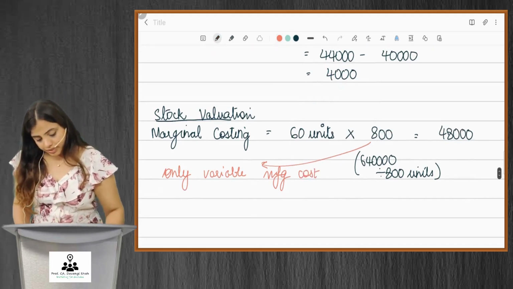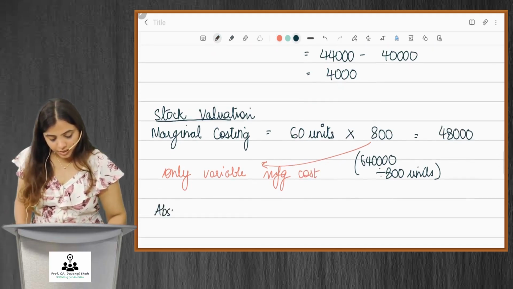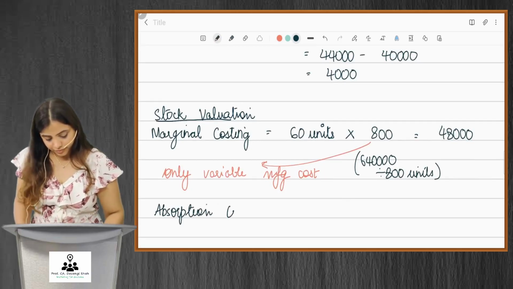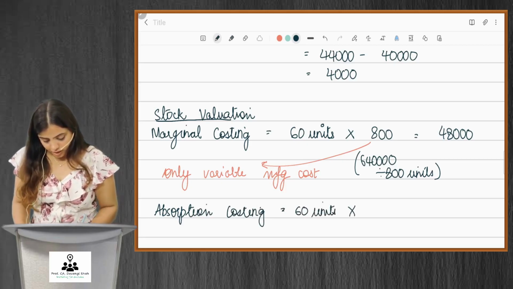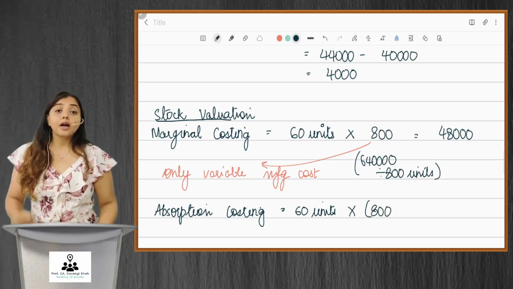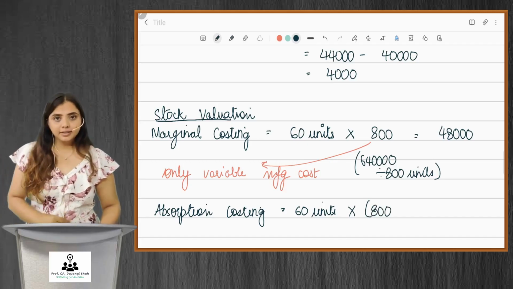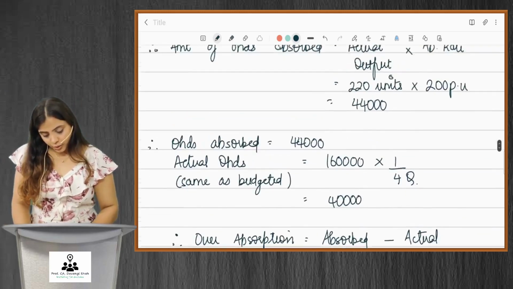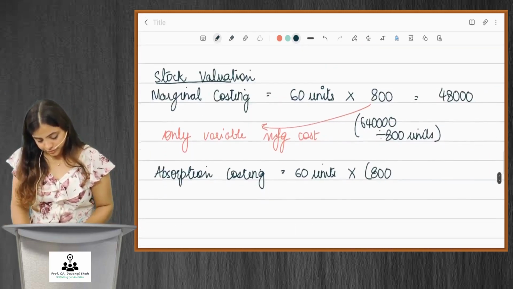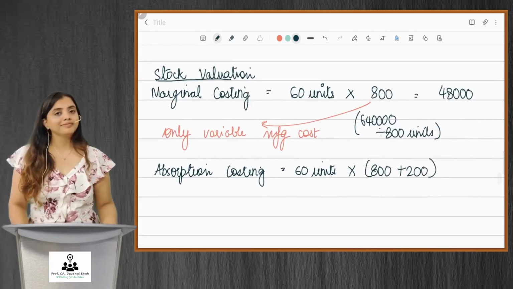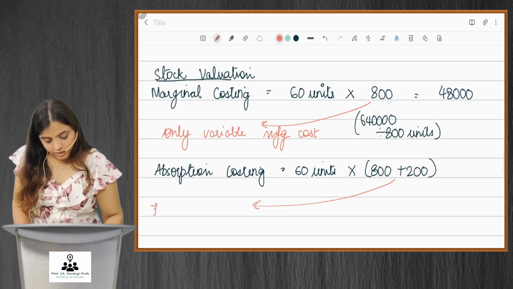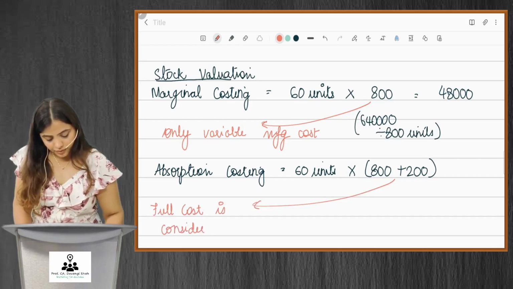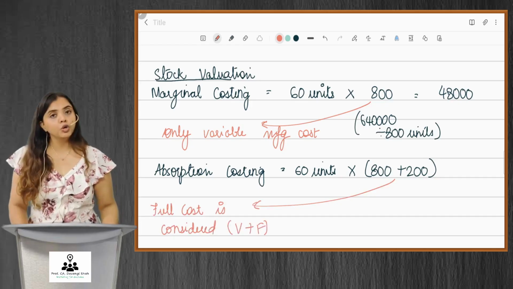But the same thing, same 60 units, if you were to value it under absorption costing, what would it be? 60 units into. Of course, we would take variable, but we would also take fixed overheads, okay? Fixed production overheads, which is 200 per unit. Friends, full cost is taken, which is nothing but variable plus fixed, both.